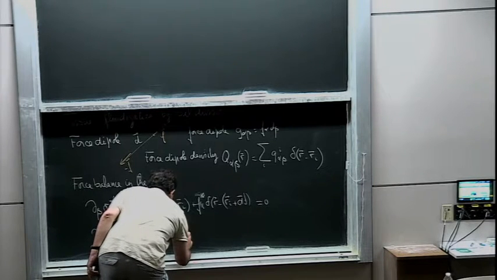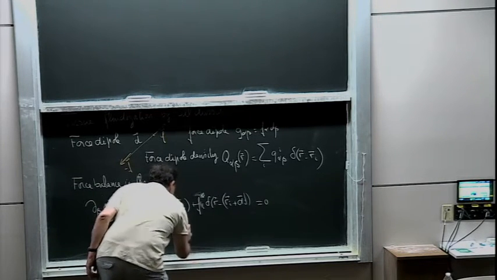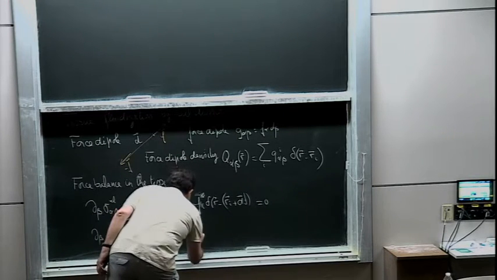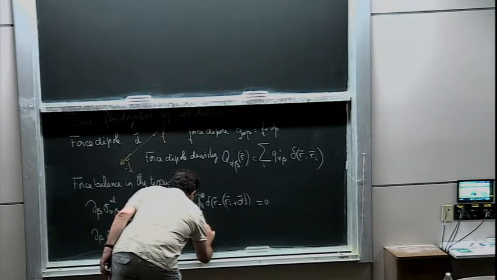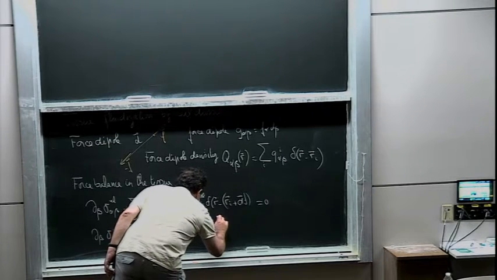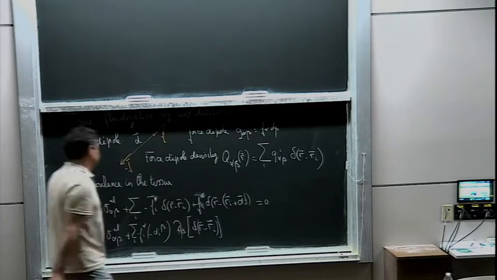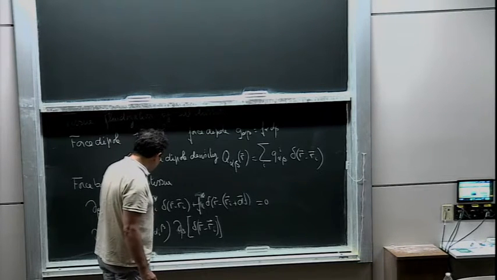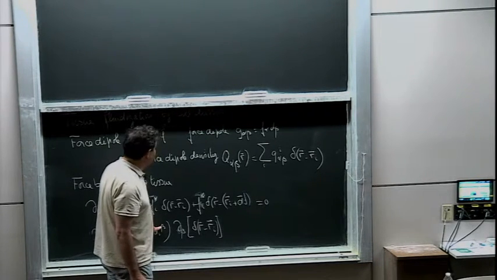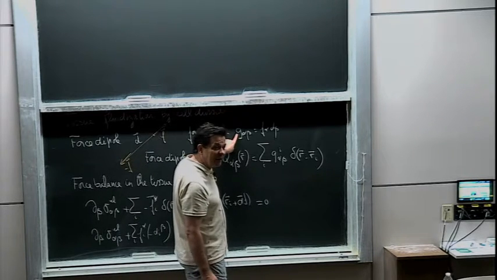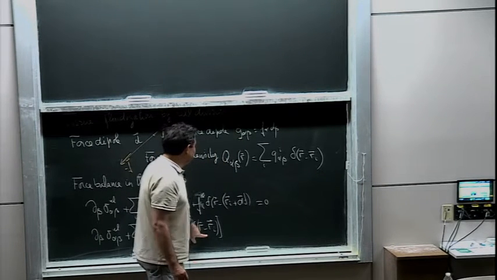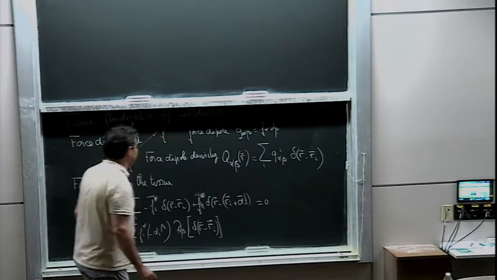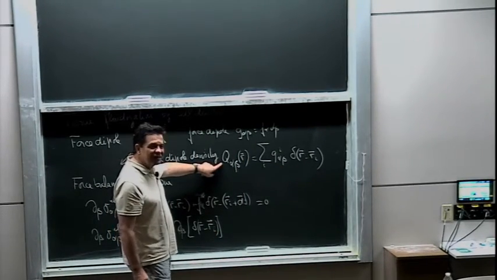∂_β of δ(R − R_i). And if you look in here, you have F_i^α d_i^β, which is Q_i^αβ. You have the δ(R − R_i), which is here. And this reconstitutes this Q_αβ, which is here.